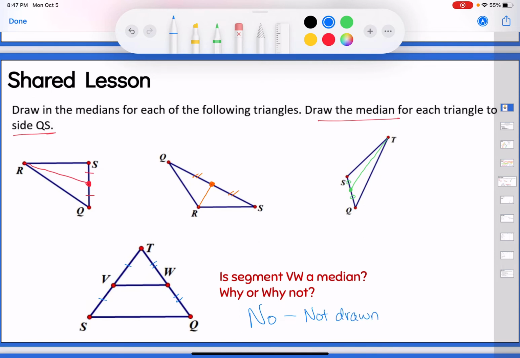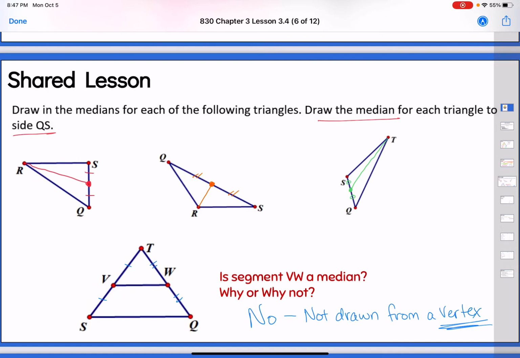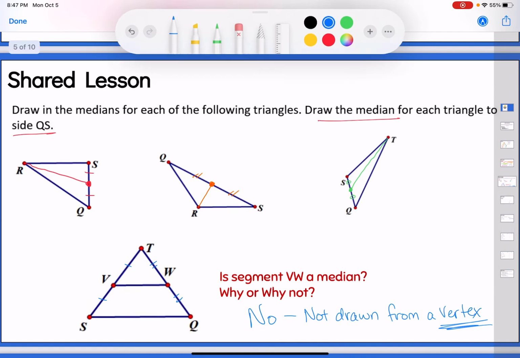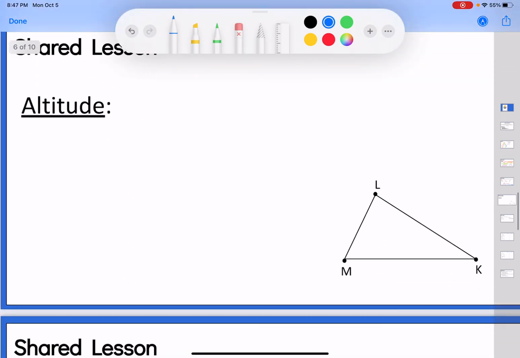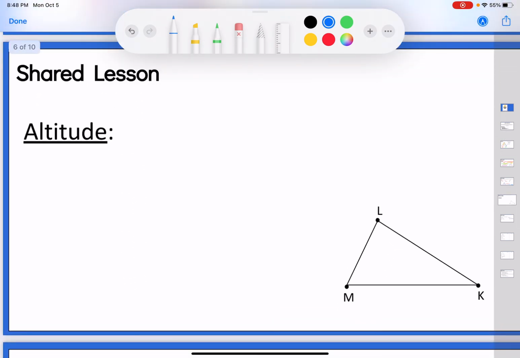For it to be a median, it has to be drawn from a vertex of that triangle, okay? V and W are not vertices of the triangle, so that's not a median. So that's why it's really essential that we include all of those words in the if-then form for median. All right, so median, it goes to the midpoint of the opposite side.